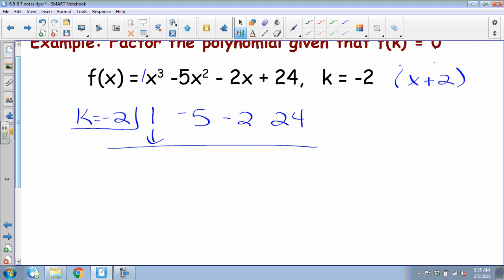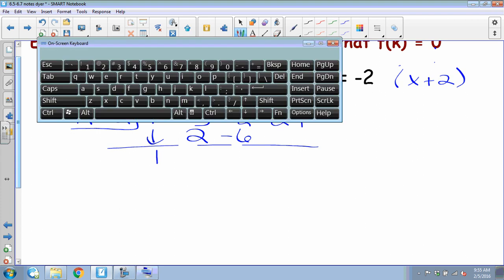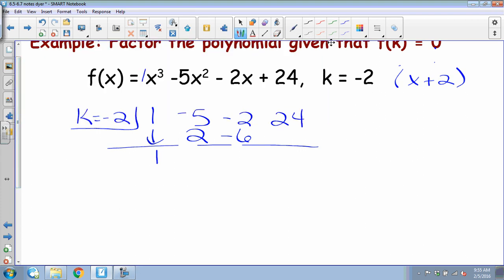So, bring this down, we get 1. Multiply 2. Combine, negative 3. Multiply, negative 6. Combine, negative 8. 1 times negative 2 is negative 2. So that's negative 7.